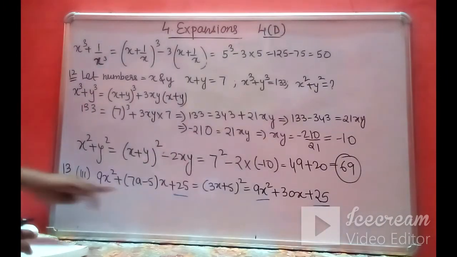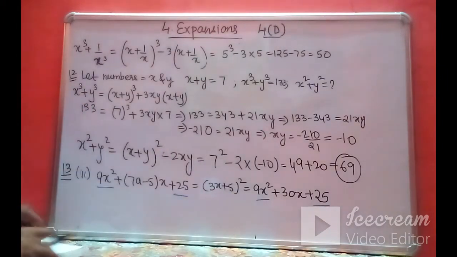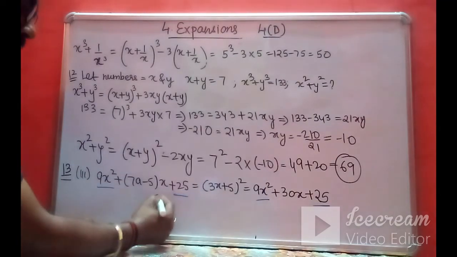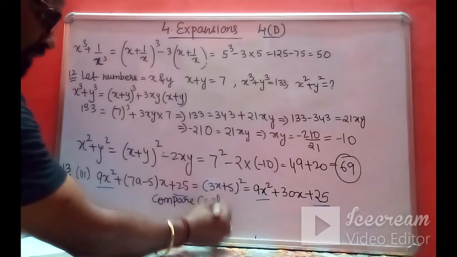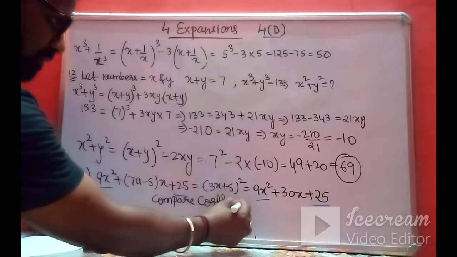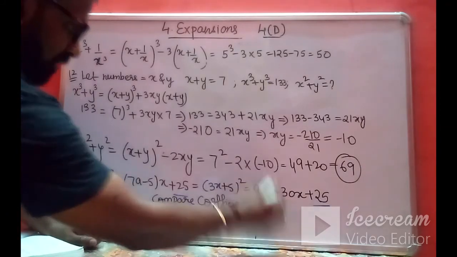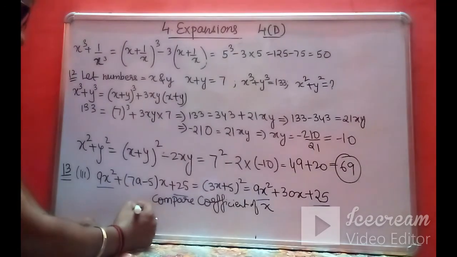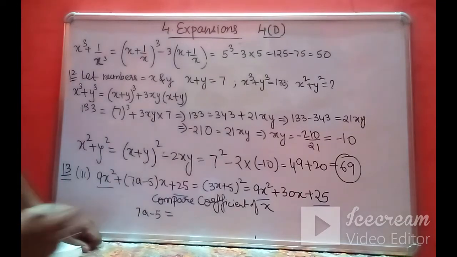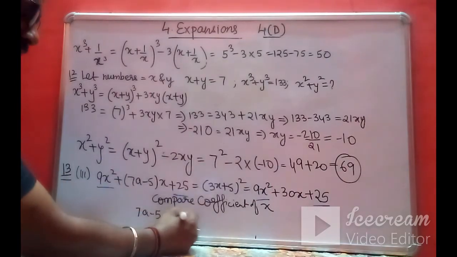That means if these two expressions are equal to each other, we will compare the coefficient of x. So here the coefficient of x is 7a minus 5 and here the coefficient of x is 30.